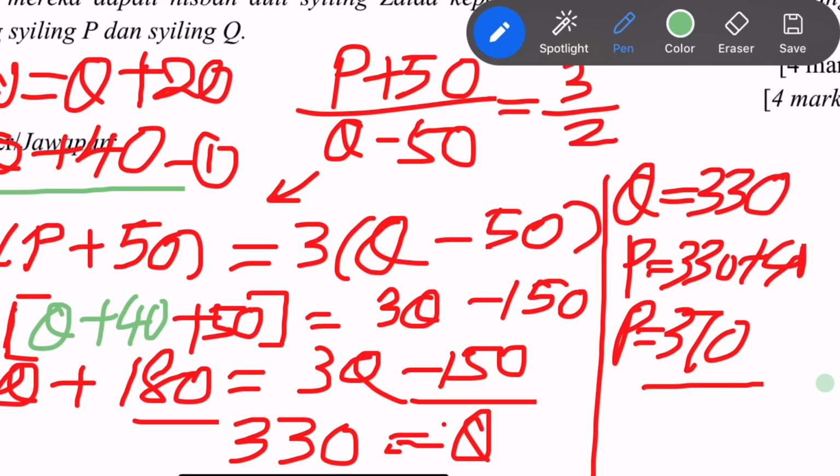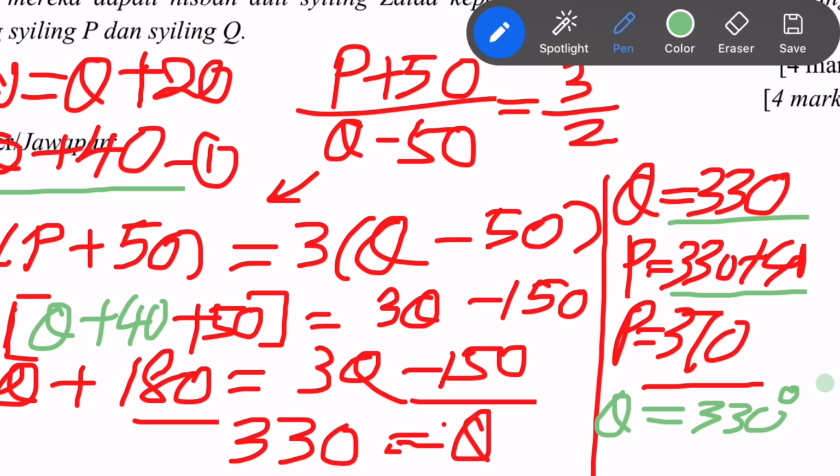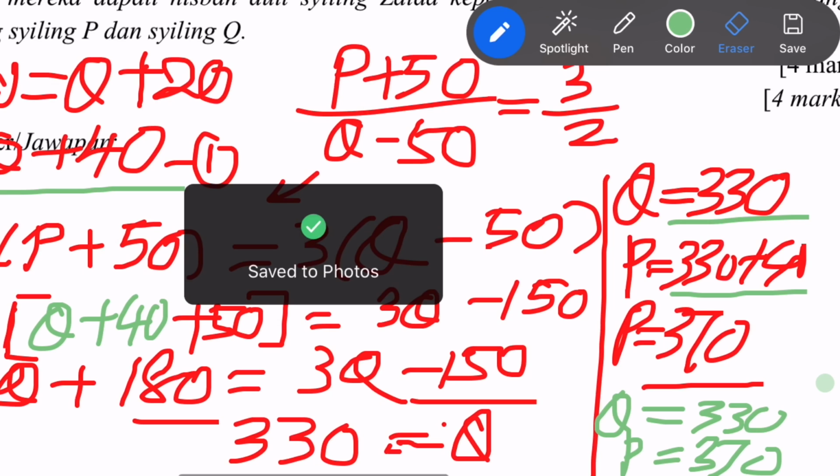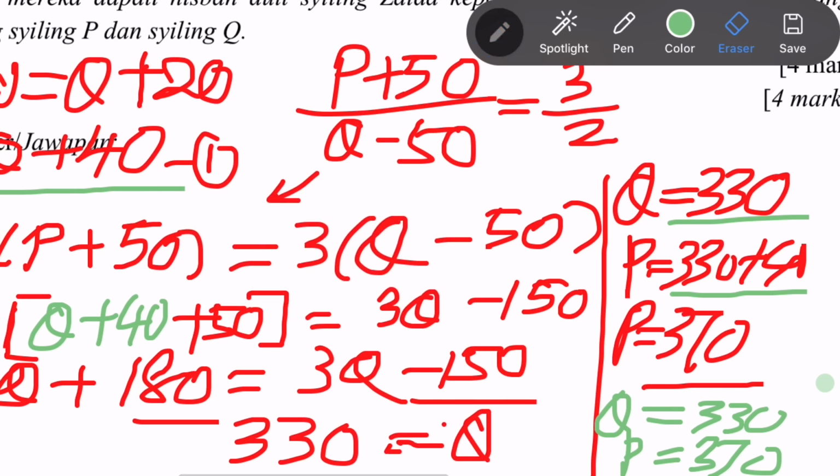I'm sure if you keep on practicing, you will feel very confident in solving HOTS questions. Finally, our answer for Q is 330 and for P is 370. If possible, write a sentence to state how many coins are owned by Zaida and how many coins are owned by one. I leave it for you to write.